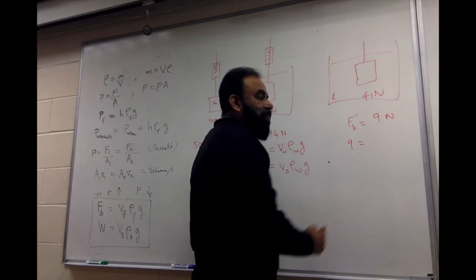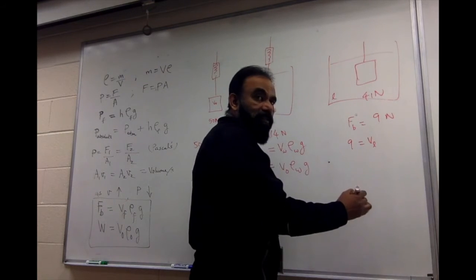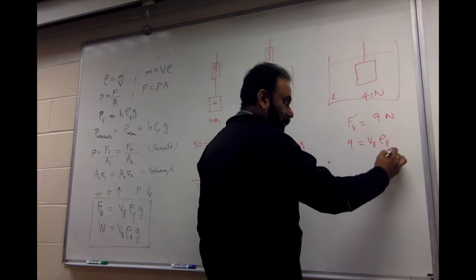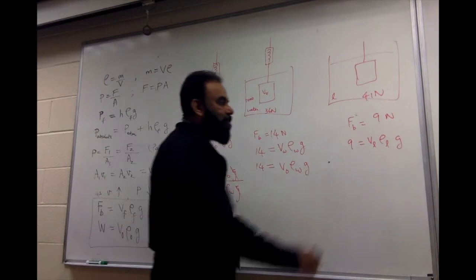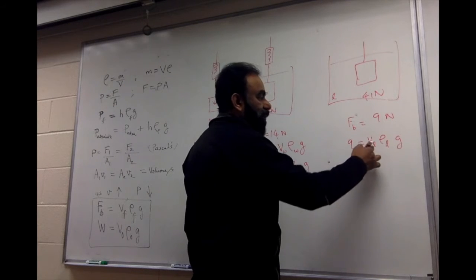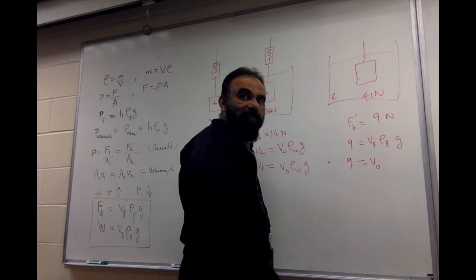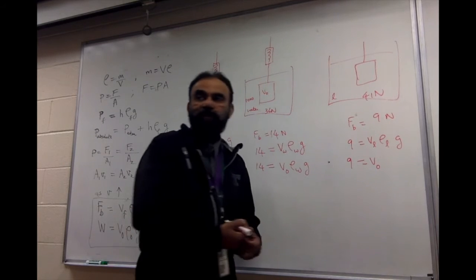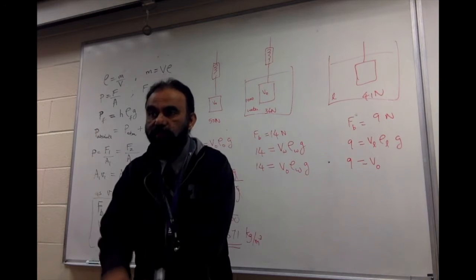9 is equal to volume of the liquid displaced times density of the liquid displaced times gravity. So 9, can I write volume of liquid displaced as the same as volume of object? Write it down somewhere. Volume of the liquid displaced is the volume of the object if it is fully submerged.